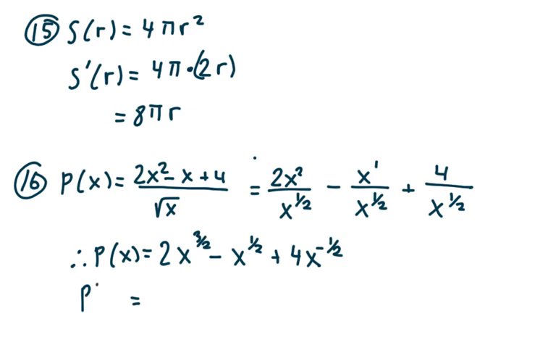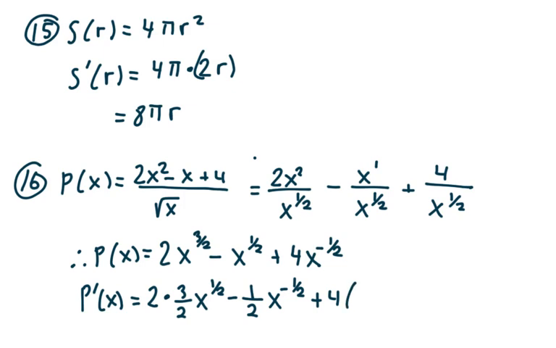And so if I want the derivative, right, I'm going to get 2 times 3 halves x to the 1 half minus 1 half x to the negative 1 half plus 4 times the derivative of x to the negative 1 half, which is negative 1 half x to the negative 3 halves.